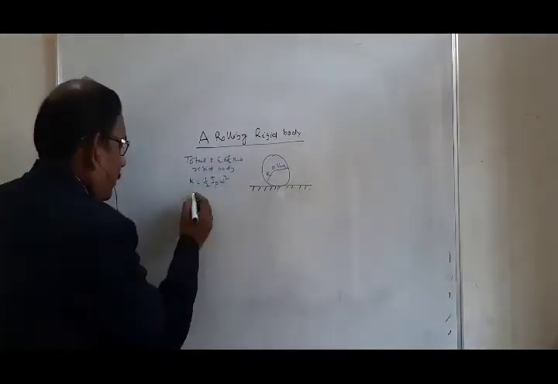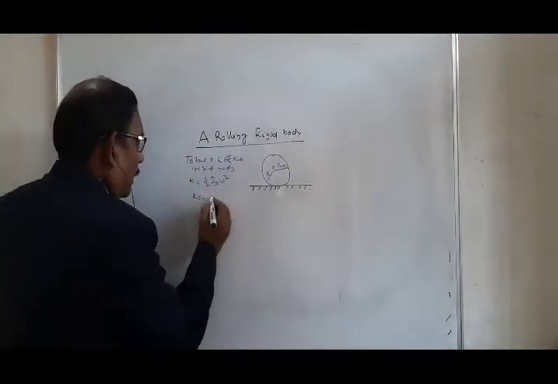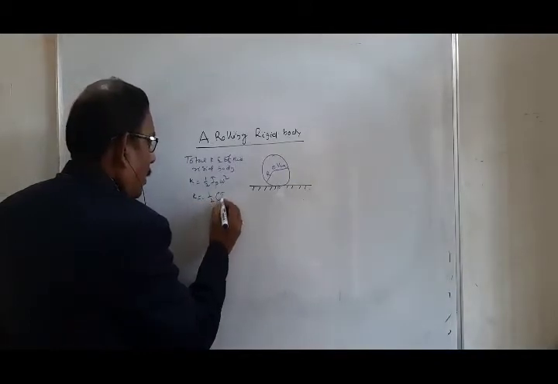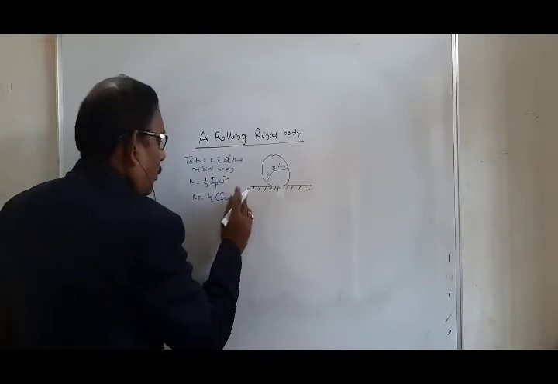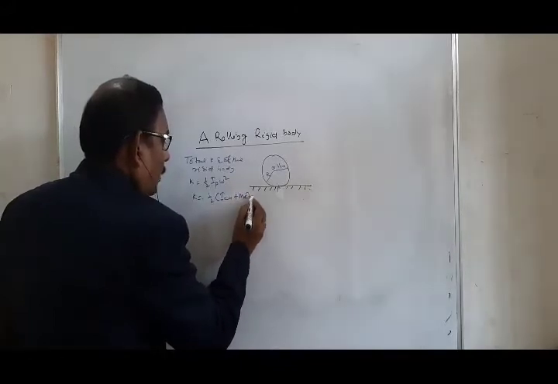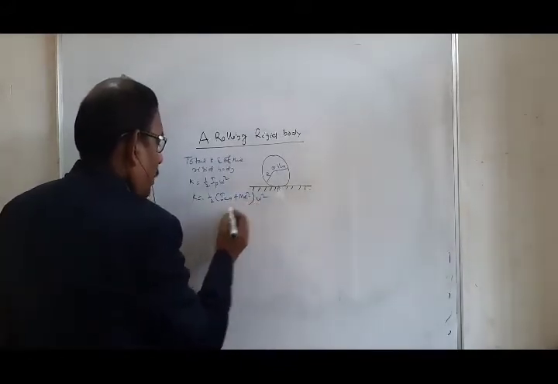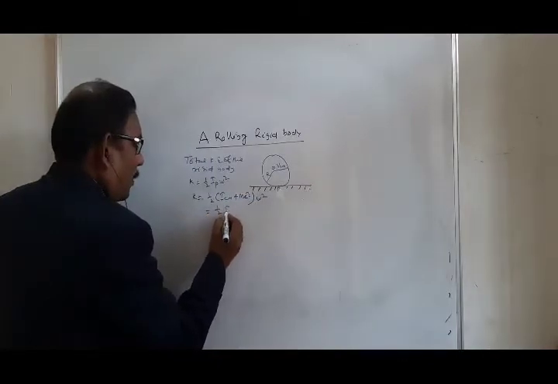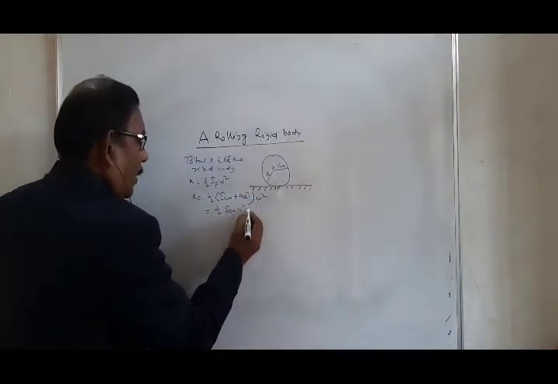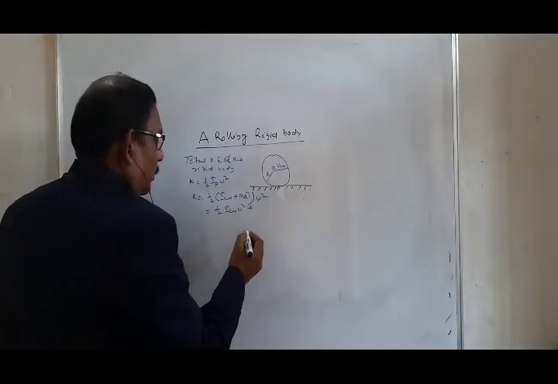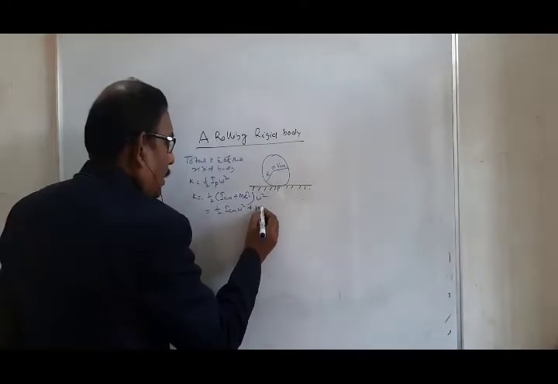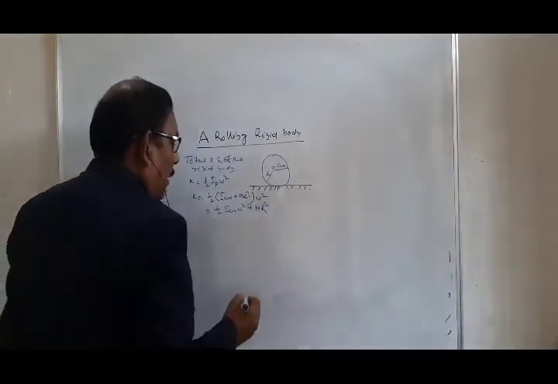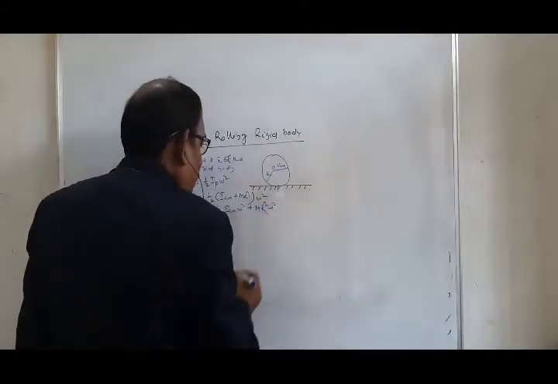The equation became: the total kinetic energy is half, moment of inertia about the center of mass plus m r square, times omega square. Okay. Half I_CM omega square plus half m r square omega square.